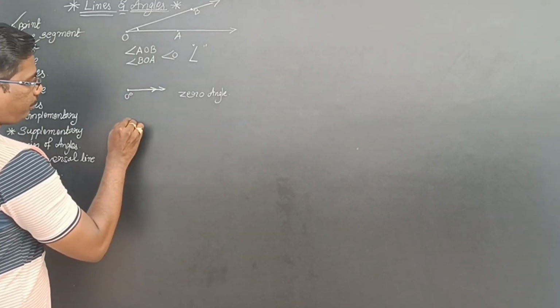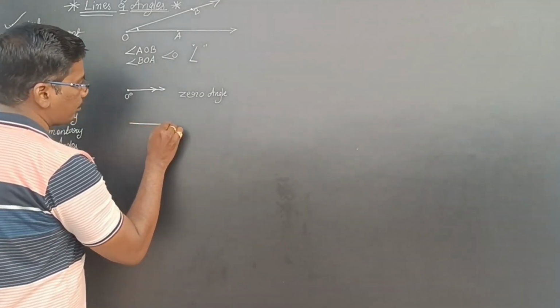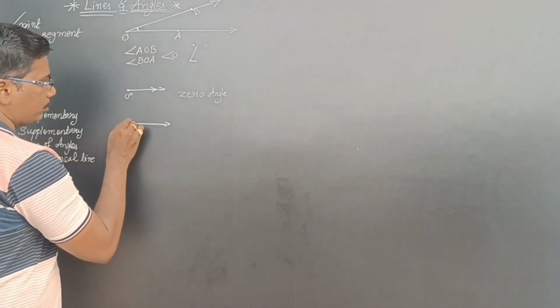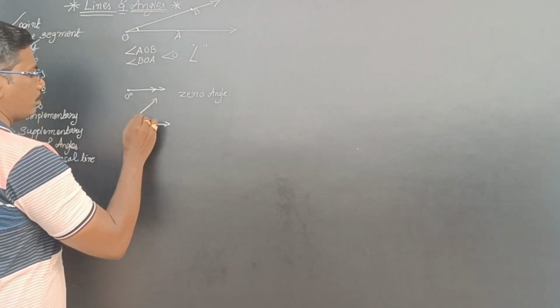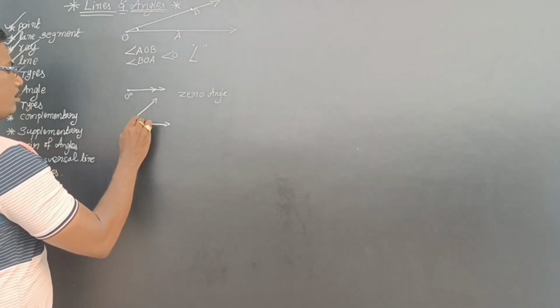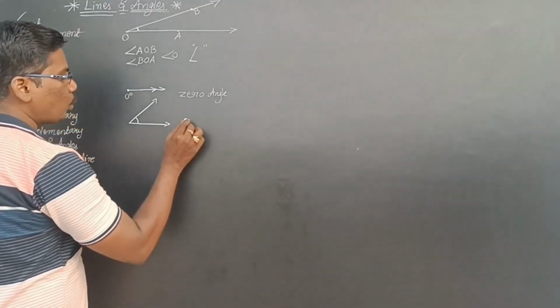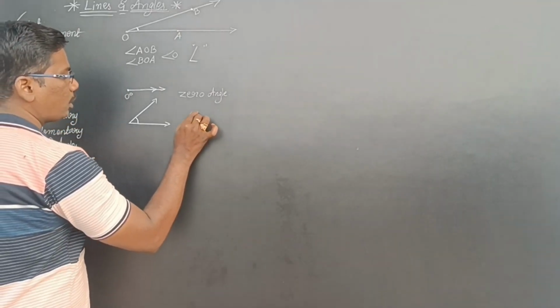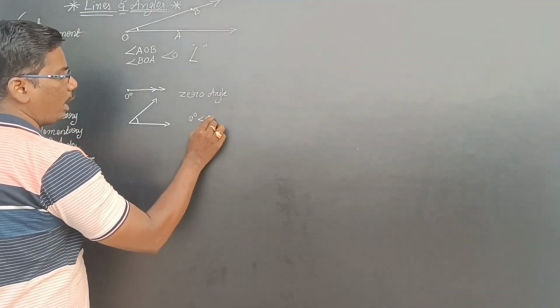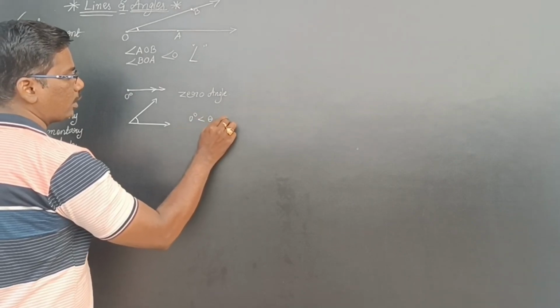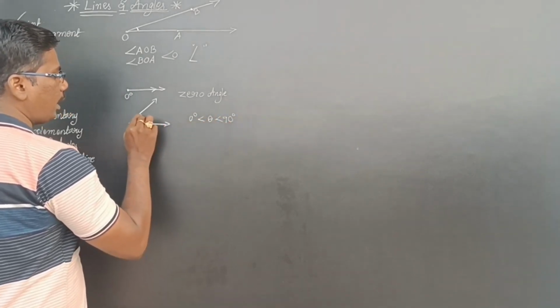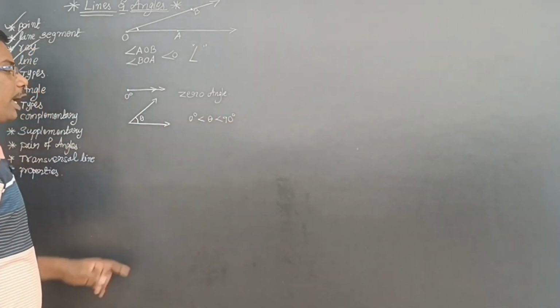Next. See, if the gap between two rays, let us suppose theta, is more than 0 degrees and less than 90 degrees, so theta is the angle.